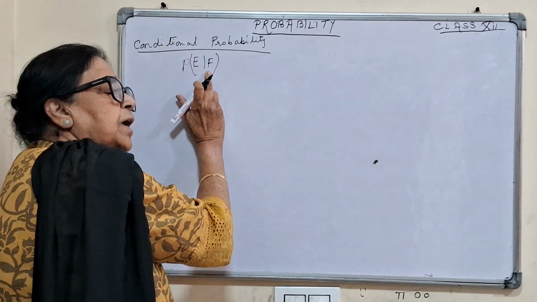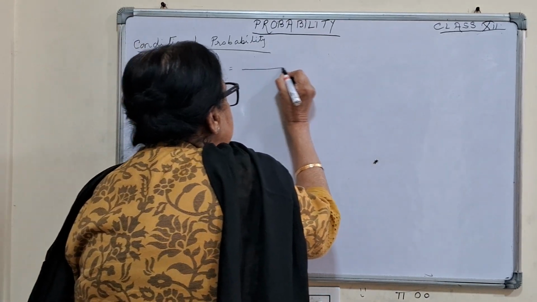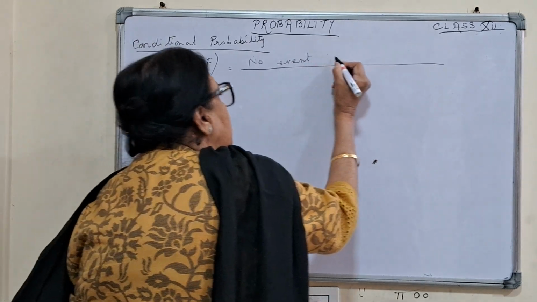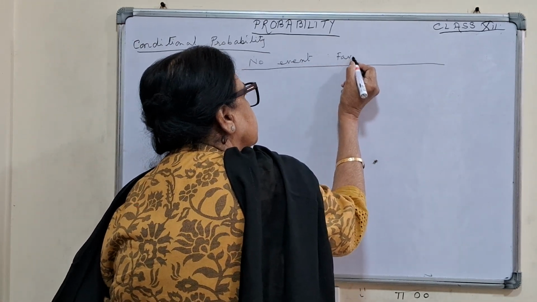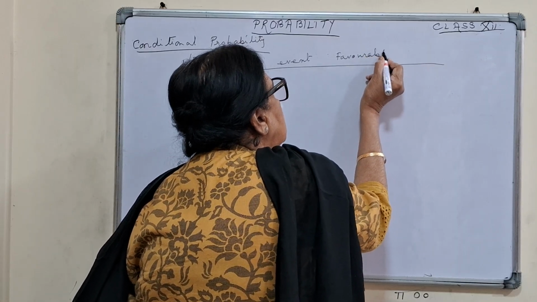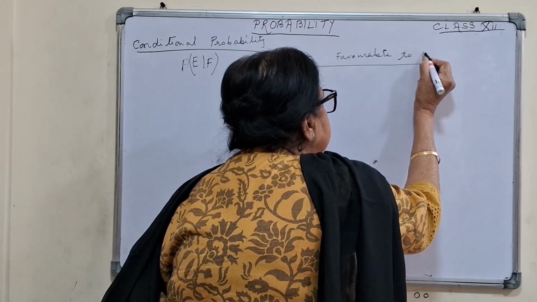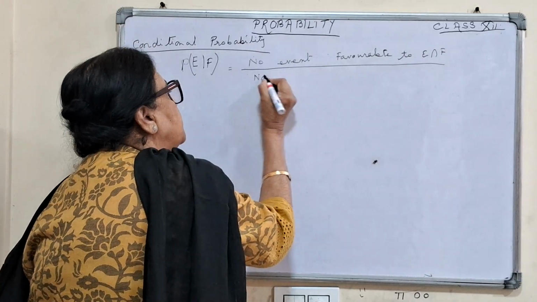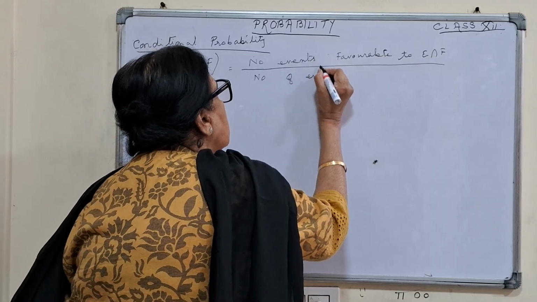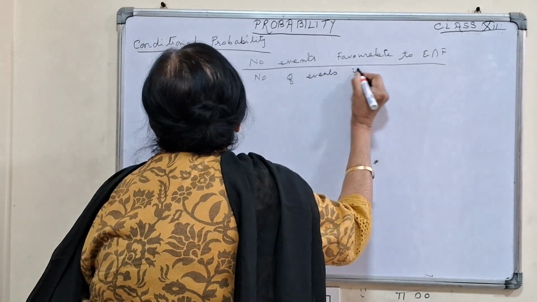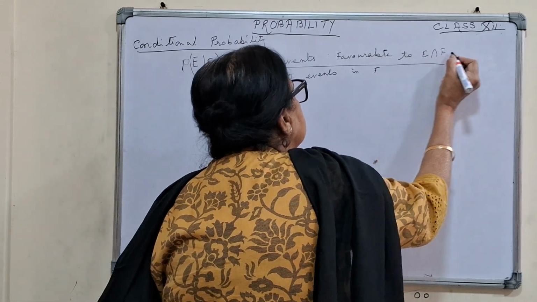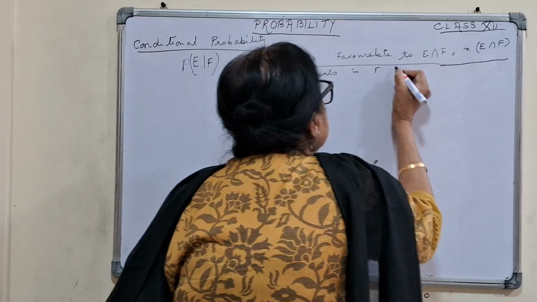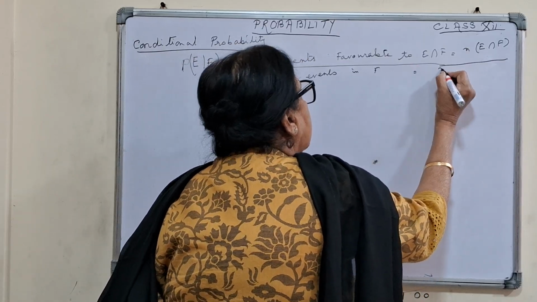If E occurred when F is there, that means the number of events favorable to E intersection F, and the number of events in F, that is N of E intersection F in F, is equal to N of F.